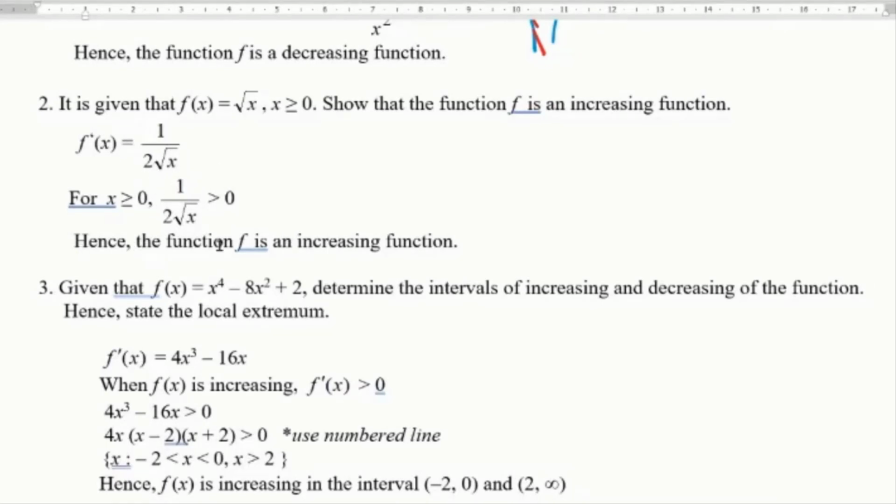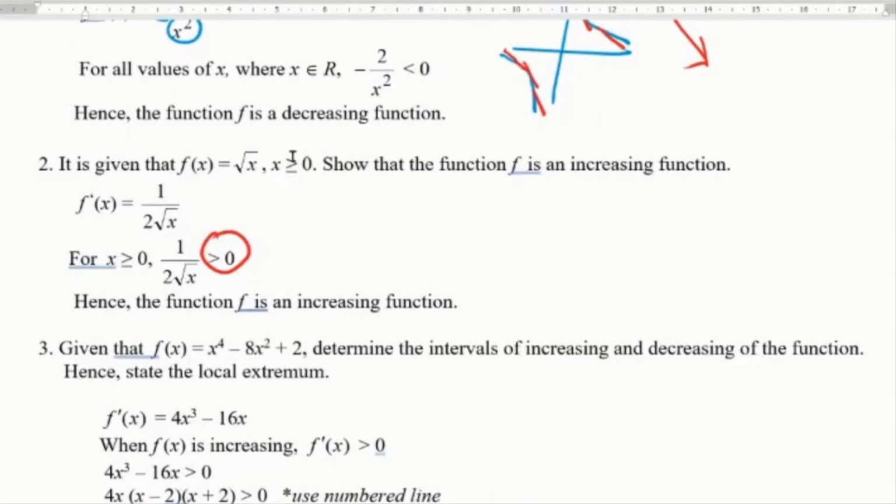So you have to show this one is greater than 0. When you write this, it means you show the reason already. So since the derivative is always greater than 0 for x in the given domain, that means this function is an increasing function.